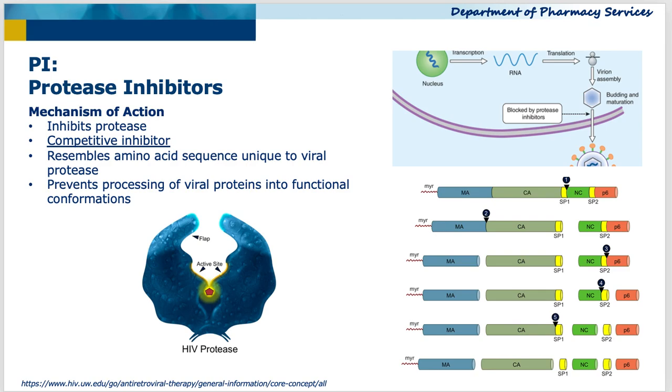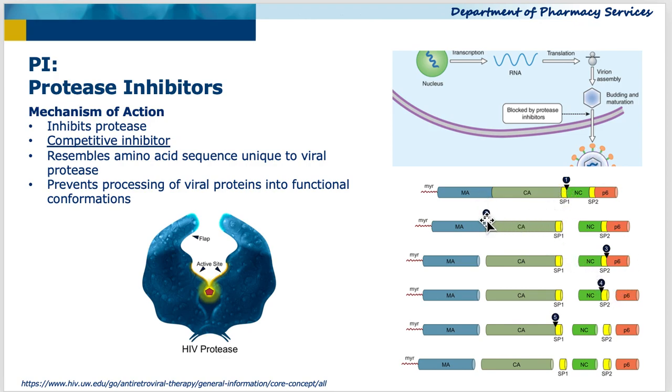And so next I'll start talking about the protease inhibitors, or the PIs as we call them. As you can recall, protease, the enzyme itself, is responsible for cleaving proteins to allow for activation of the mature virus. So here's a photo of where it cleaves.